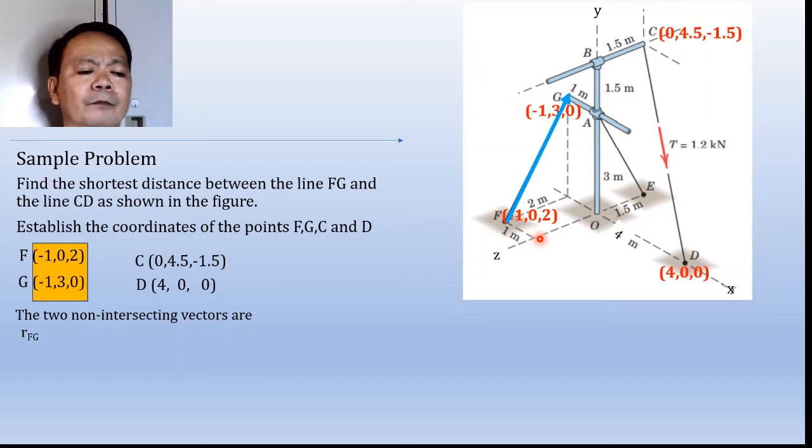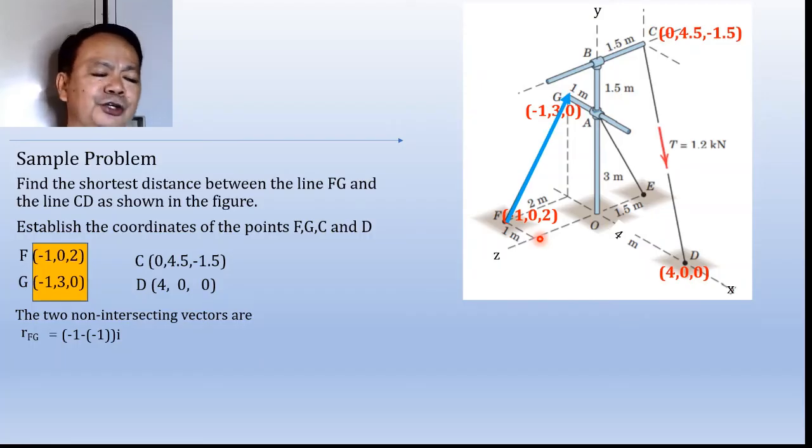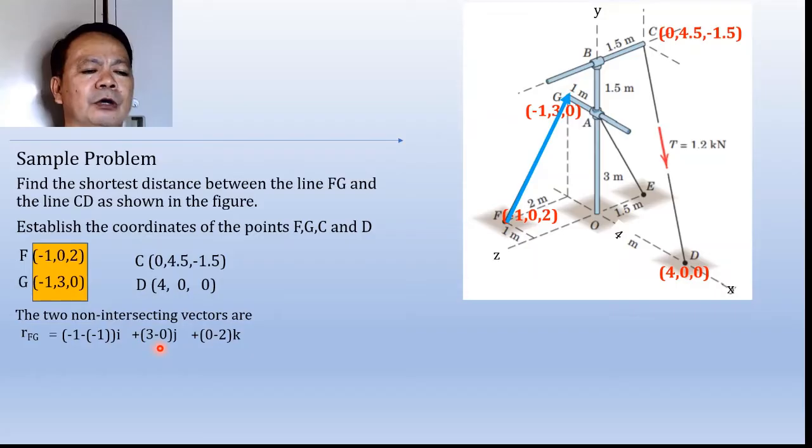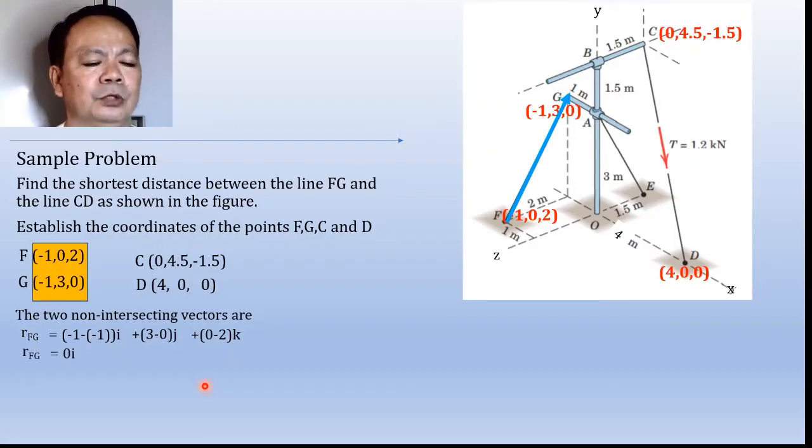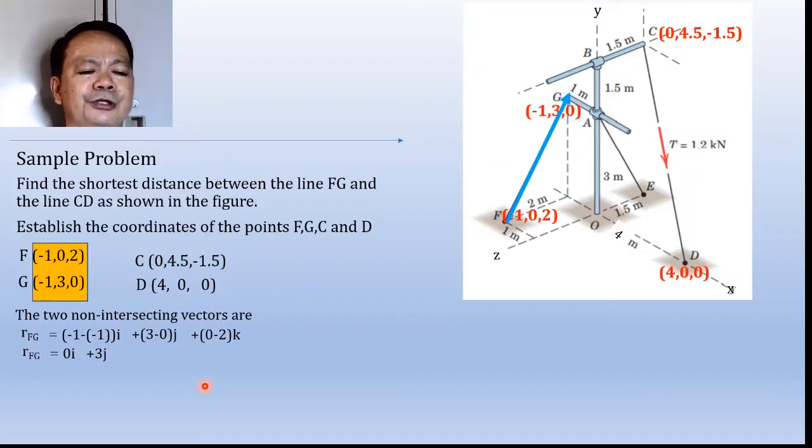The vector FG shall be the difference in the coordinates of the x and y components. That is -1 minus -1 of i, plus 3 minus 0 of j, plus 0 minus 2 of k.